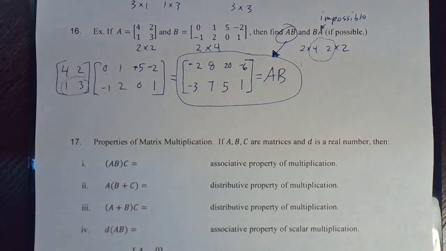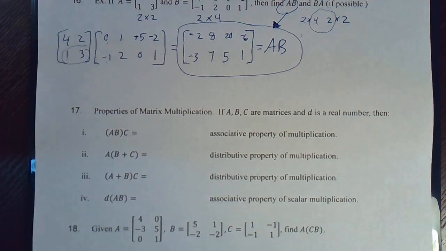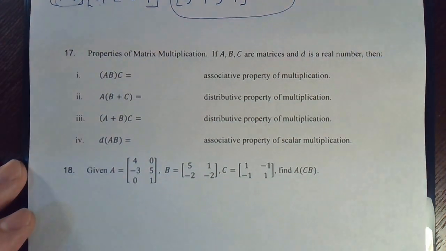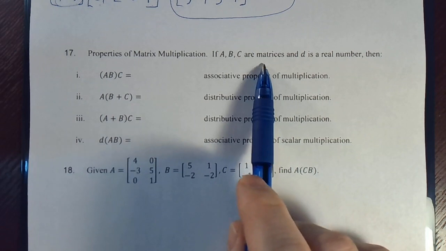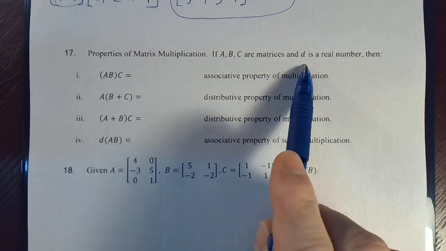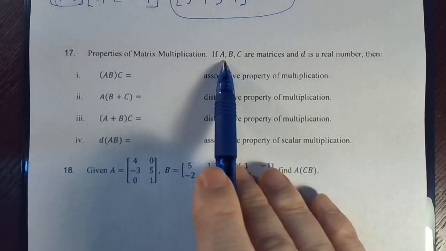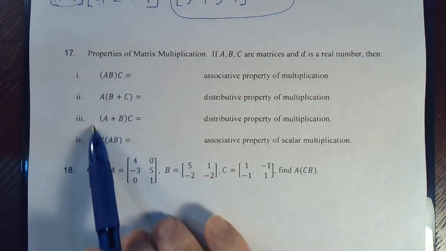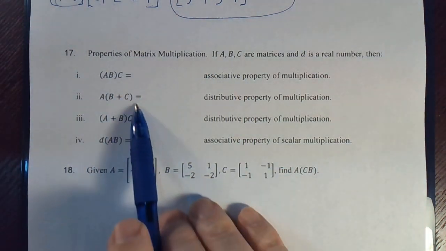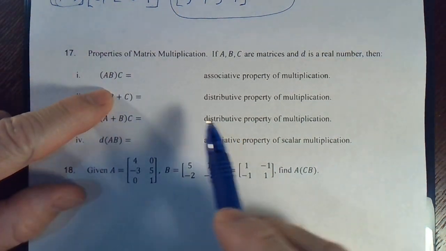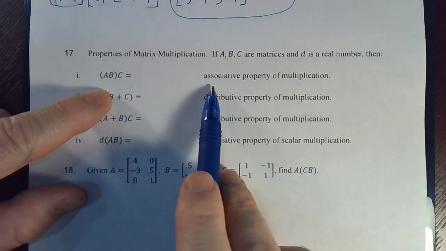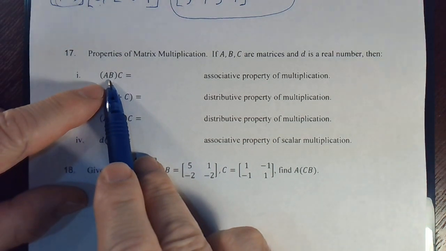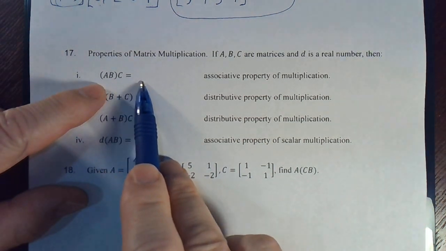All right, well, let's look at some properties of matrix multiplication. So A, B, and C are matrices, and D is a real number. And we'll just assume that A, B, and C have the proper sizes that they can be multiplied like this. All right? So, A times B in parentheses times C is equal to what?